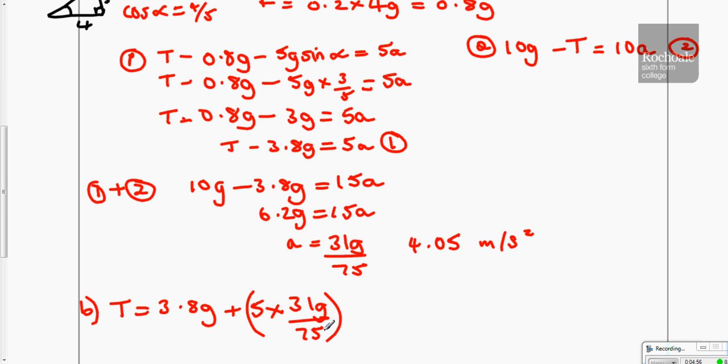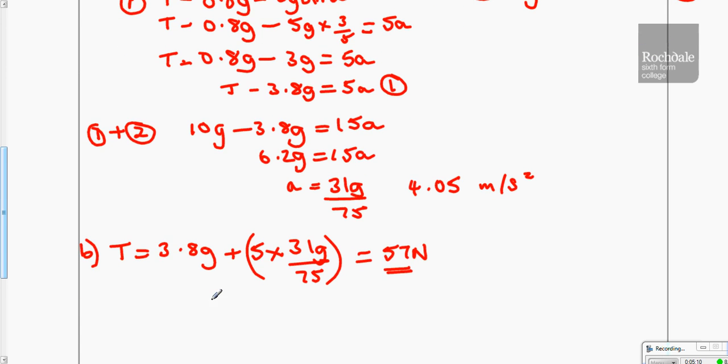And if you put all that in your calculator, it works out to be around about 57.5, but because we're doing two significant figures, if you look at your calculator screen to 2SF, it actually works out to be 57 newtons.